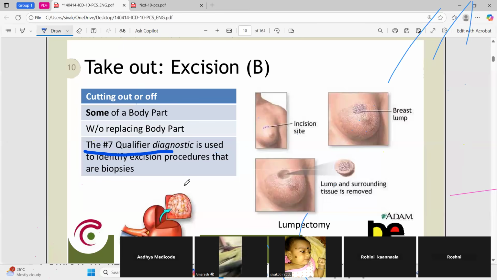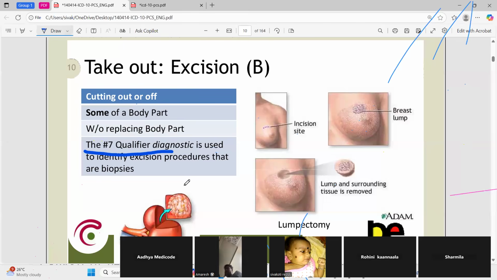If the procedure was a biopsy, the qualifier should be diagnostic. In the 7th character, we need to take diagnostic if they did any biopsy procedure. Please remember this. Excision means a portion of removal, partial ectomies.